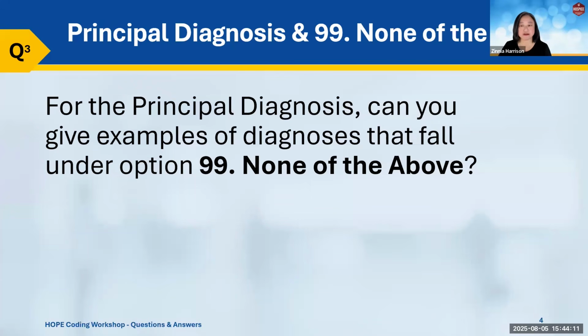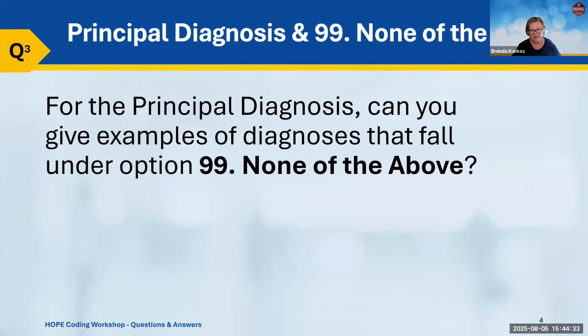Thanks, Terry. Okay, let's go to the next question. For the principal diagnosis, can you give examples of diagnoses that fall under option 99, none of the above? Sure, I can answer that, Zinnia. There are no examples, as this really could be anything deemed appropriate by the hospice medical director as most contributing to the prognosis of less than 6 months.